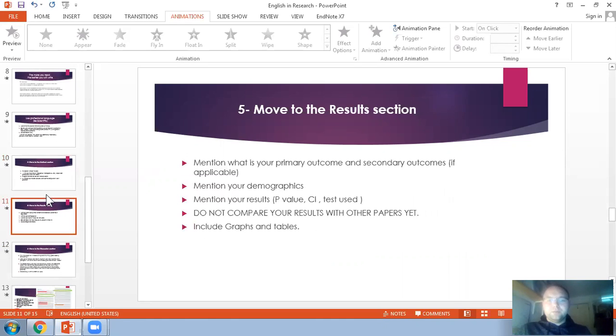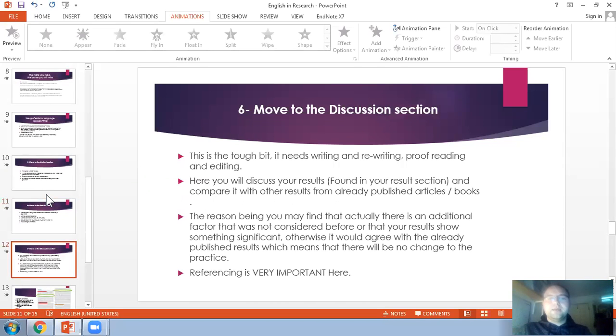And then you would move into the results. In this section, you just talk about the primary outcome, your secondary outcomes, whatever your study found, and state your results, whether they were significant or not. Do not yet compare your results, and put some graphs and some tables.